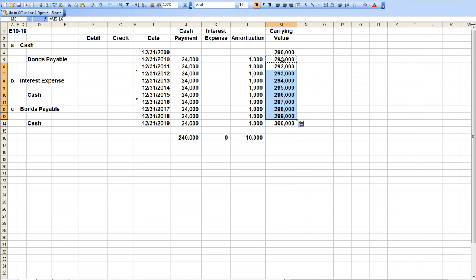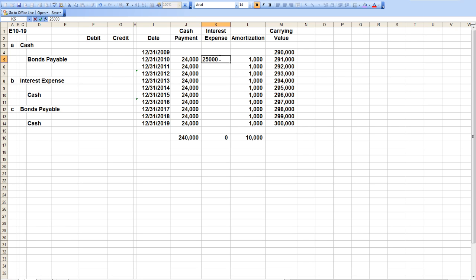Now, the only way that carrying value, which is basically my loan balance, can go up is if these payments here are not enough to cover my interest. So my interest has to be greater than my cash payment. And under straight line amortization, my interest expense is going to be greater than this cash payment by exactly the amount I want my loan balance to go up each period.